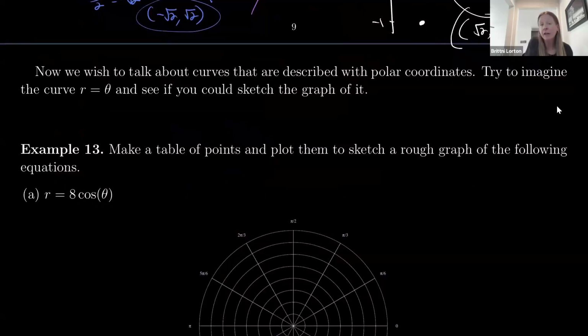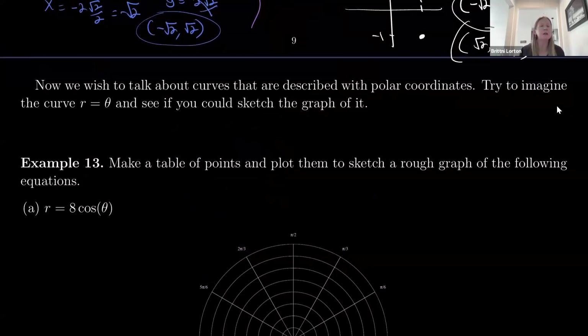Now we're going to talk about graphing a whole thing. Let's try to imagine this example really quick, and then I'll show you that in Desmos so you get a good idea of what it's going to look like. Try to imagine the curve r equals theta. R literally is by definition the distance away from the origin.